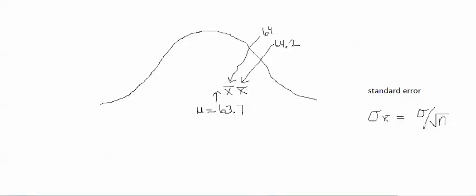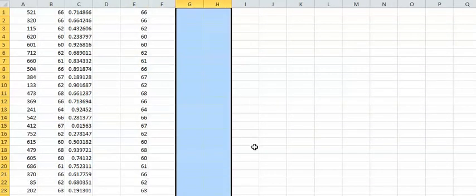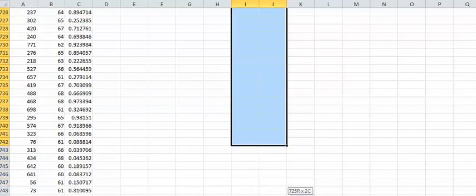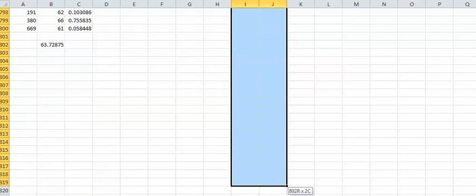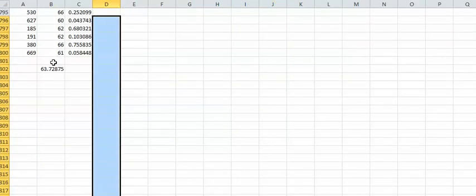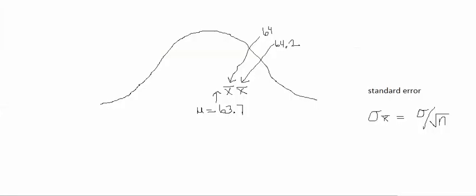First, we have to find out what our population standard deviation is. We could find it by going here. You have to go to the bottom of the population. Remember, column B has the heights of all population members. This was the mean of the population, the 63.7, which we wrote out right there.